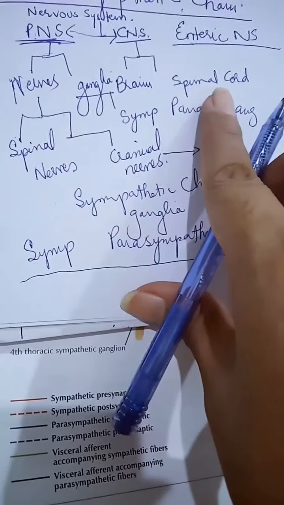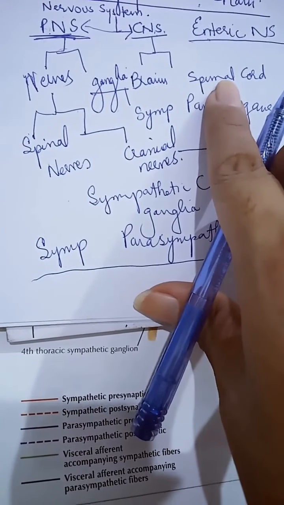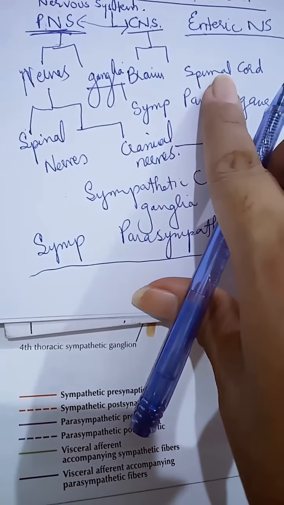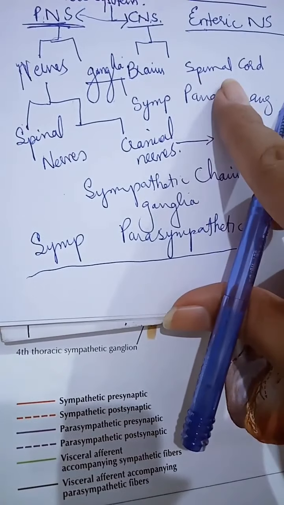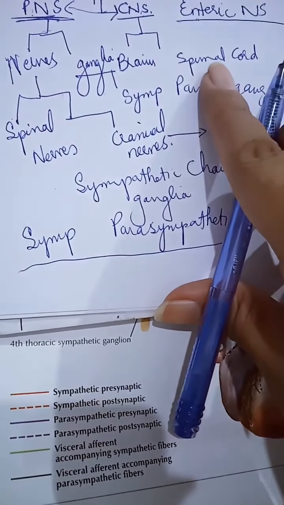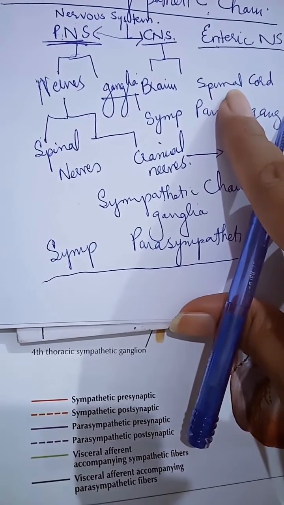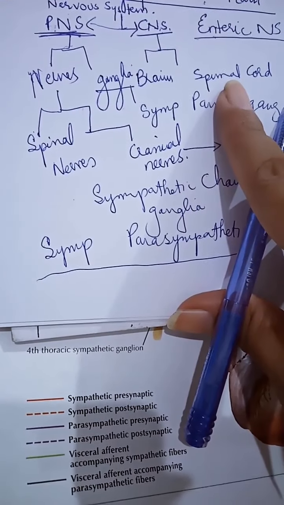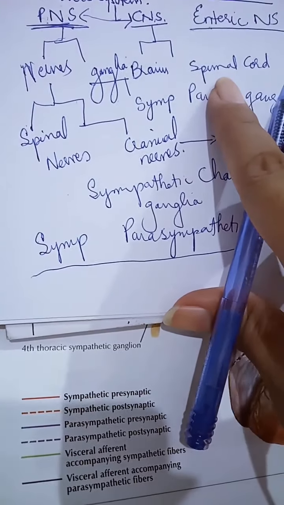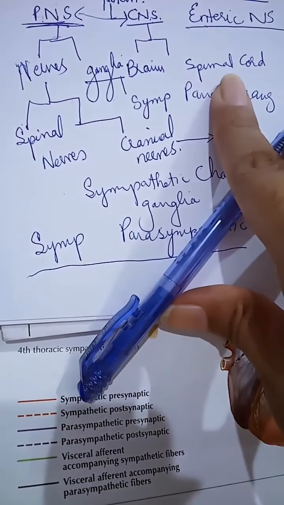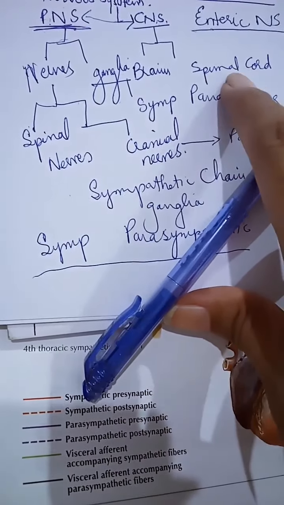Then what happens in the spinal cord? In the spinal cord, you have the lateral horn, which is allocated to the sympathetic activity, and is also called the sympathetic horn. It is allocated to the sympathetic activity in the thoracolumbar region, and to the parasympathetic activity in the sacral region, right?